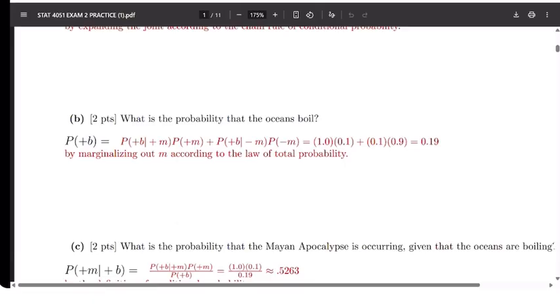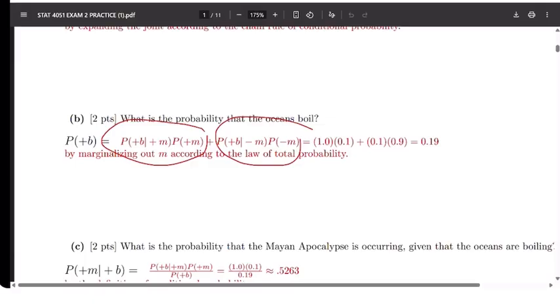It is B plus given M, multiplied by the probability of M, plus B plus given negative M, multiplied by the probability of negative M. This is total probability in Bayesian theorem.